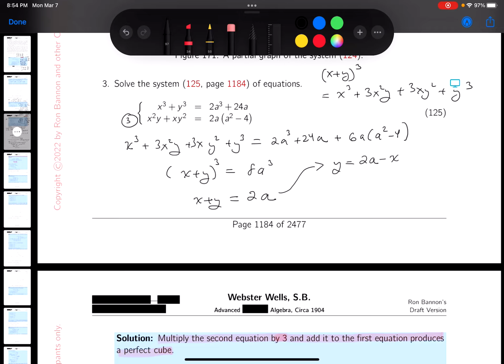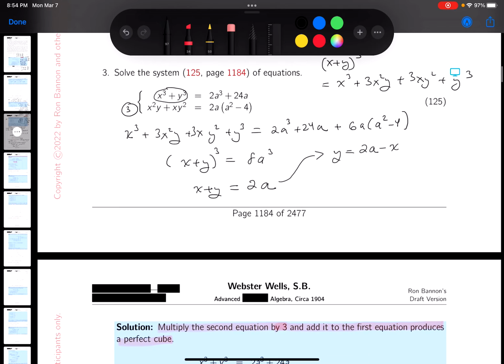Then what are you going to do? Plug it in. And I'll be honest with you, where you plug it in is entirely up to you. I'm going to plug it in here. And what do you get? Let's see. You get x cubed. Now I've got trouble now. I've got to cube this thing.